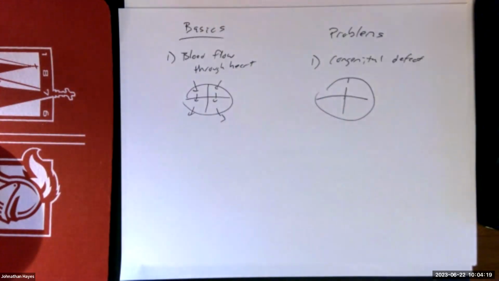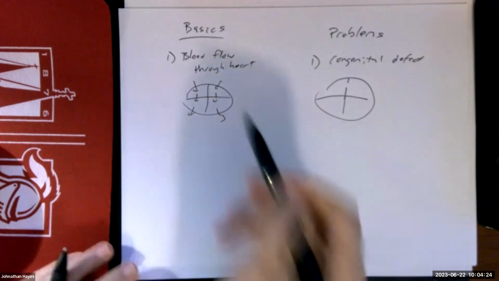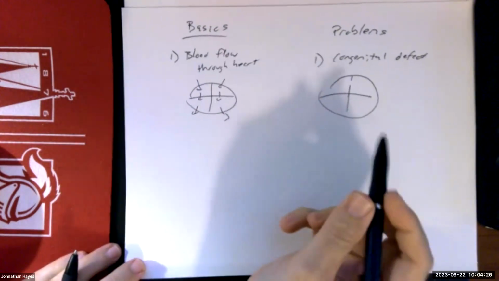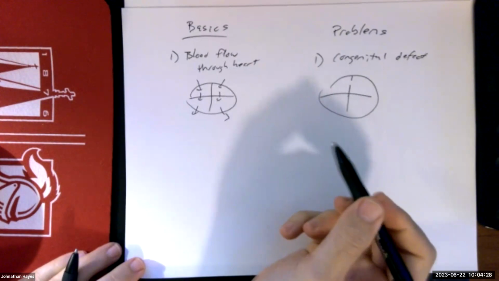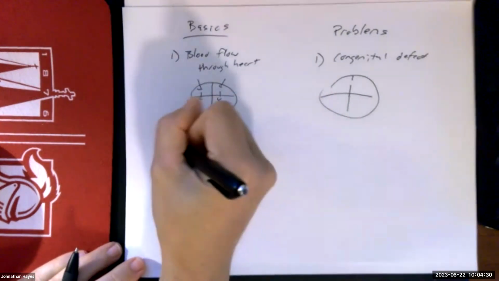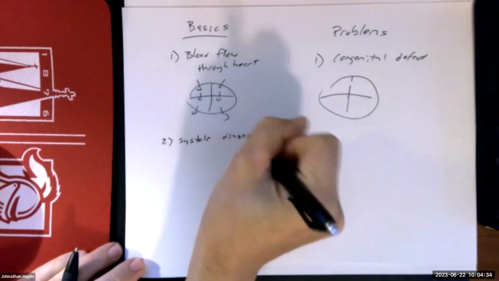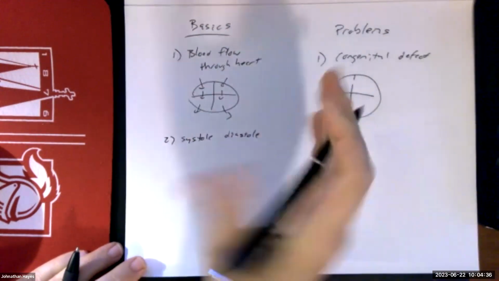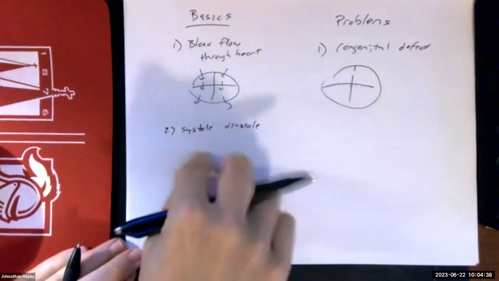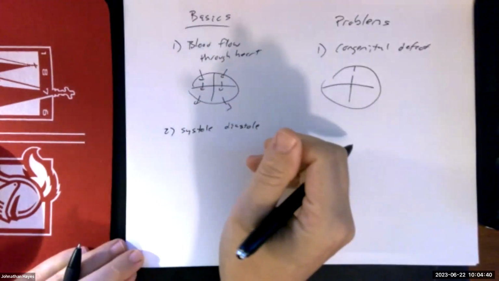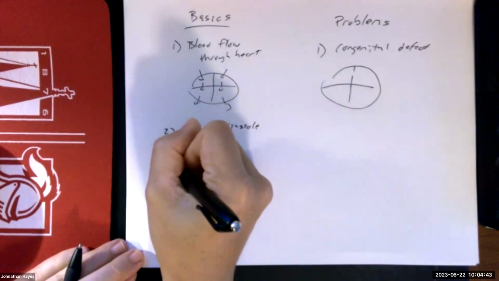Other things that we talked about when we got into some of the basics: not only did we do anatomy, because this actually covered quite a bit, we started getting into the physiology too. So we talked about systole and diastole. Both of those things are just good to understand. This is not necessarily going to be in the exact same order that we covered everything.